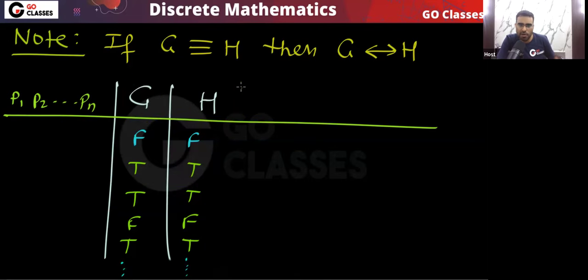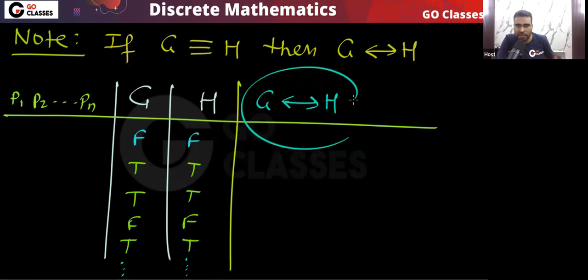So very simple. Now you tell me, what will be their biconditional? If I put this biconditional, what will be the truth table of this expression? I am creating a new expression with the help of biconditional. G is something, H is something. What is the truth table of biconditional?